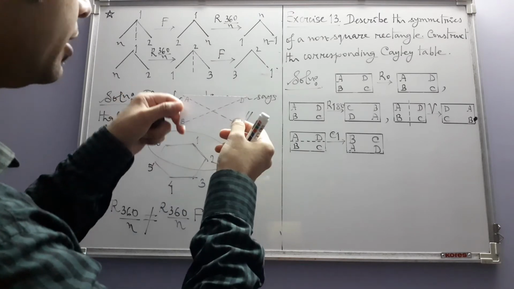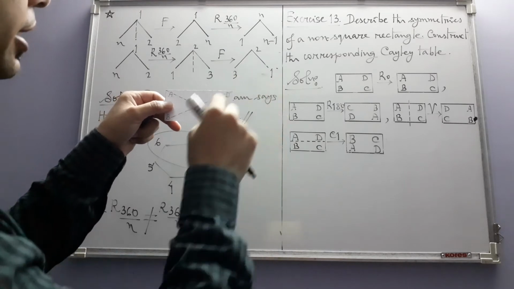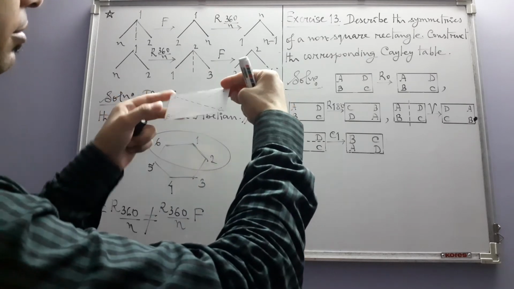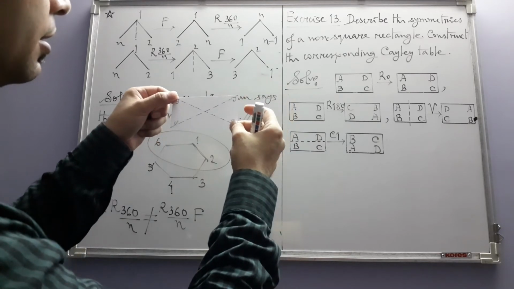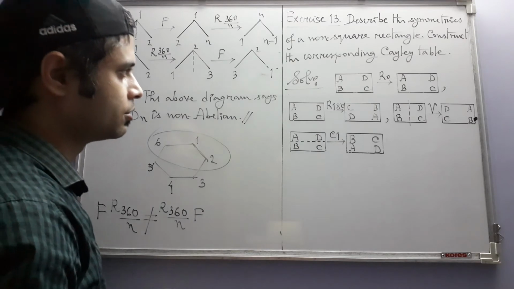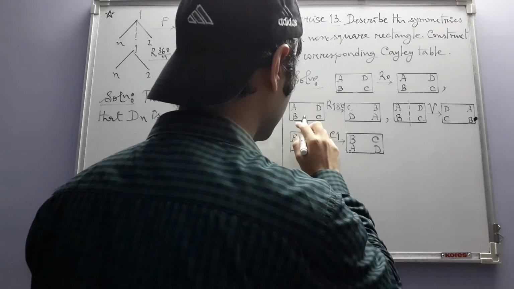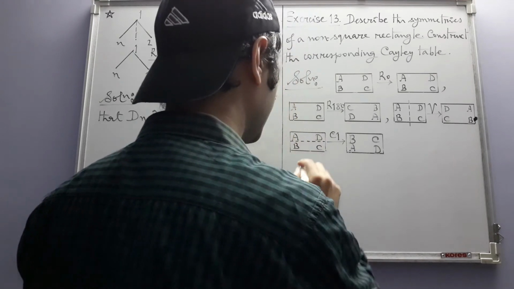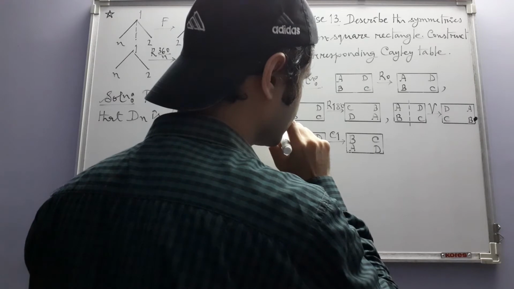Suppose I am reflecting about this diagonal, then B and D stay in their positions and A and C are interchanged. So do we have that? But okay, I have a doubt.